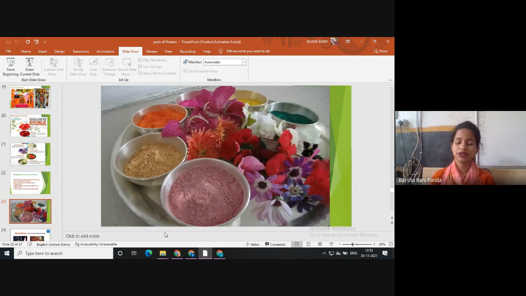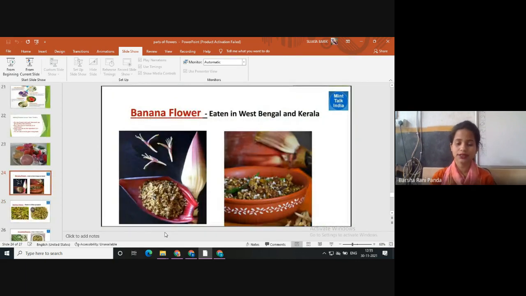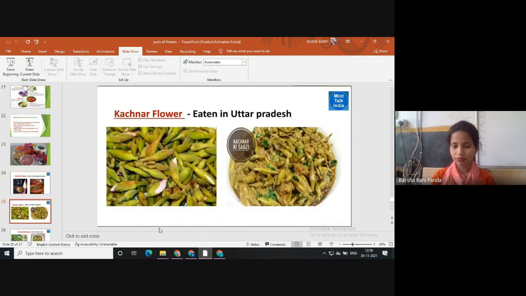The fourth use is that it is used for making food. As you can see, ये जो आप देख रहे हो, this is banana flower, and banana flower is used for making food. This is also very tasty, and it is used in West Bengal and Kerala. ये ज्यादातर वेस्ट बंगाल एंड केरला में एज ए फूड यूज किया जाता है. नेक्स्ट है कचनार फ्लावर, which is used in Uttar Pradesh.